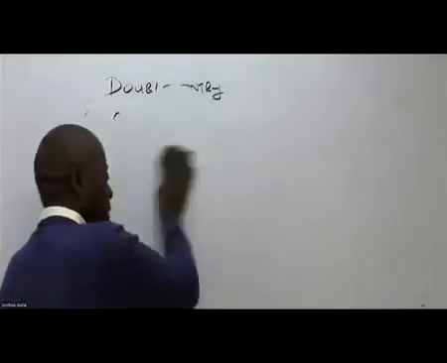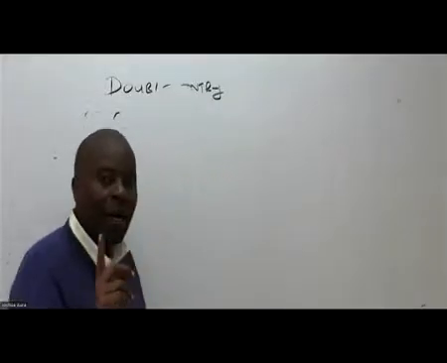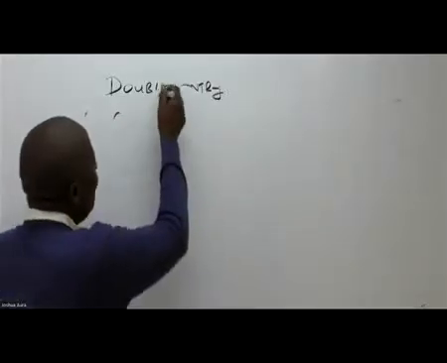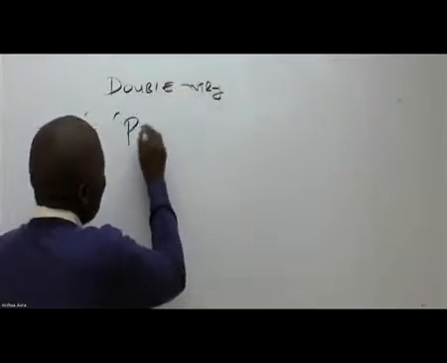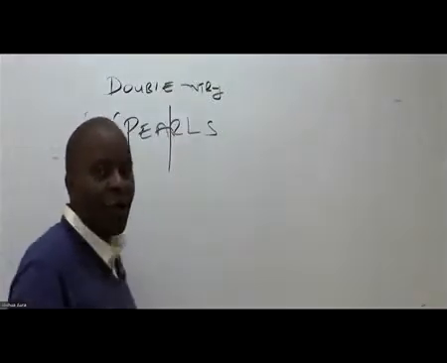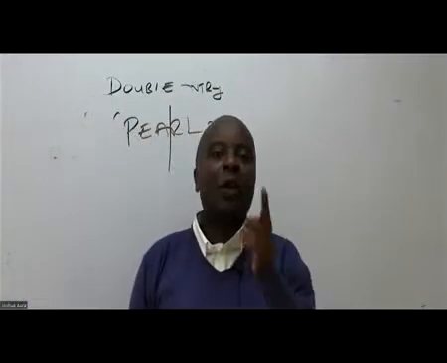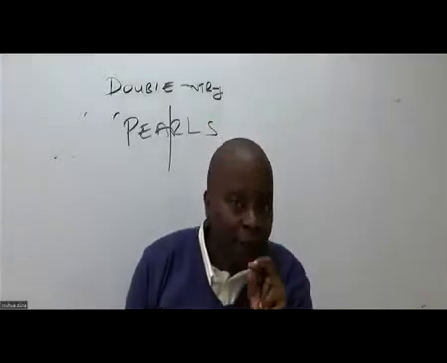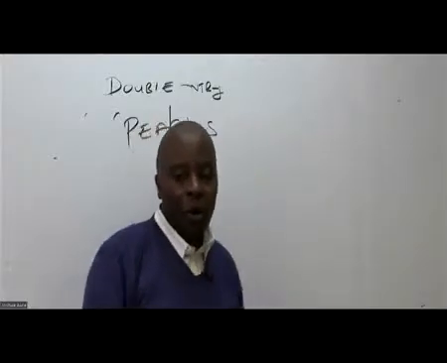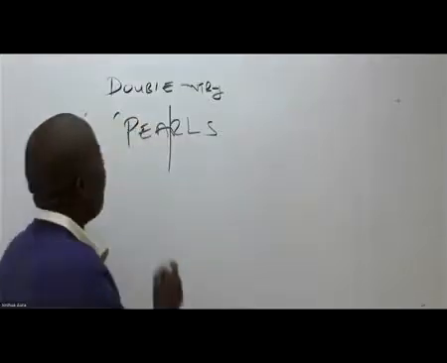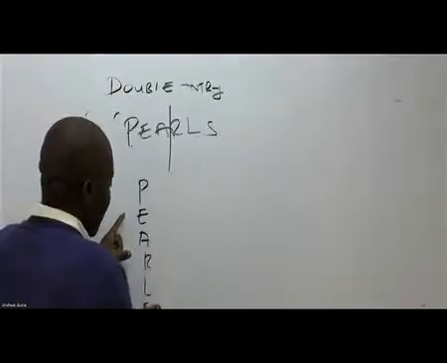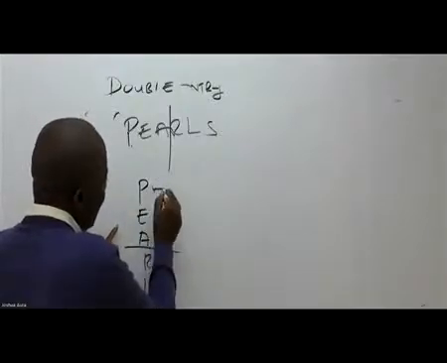Now, ladies and gentlemen, there is a shortcut that I want you always to remember whenever we talk of double entry. A good student will remember, whenever the examiner gives you business transactions and asks you to prepare either journals or ledger accounts, you must always remember what we call the PEAR.